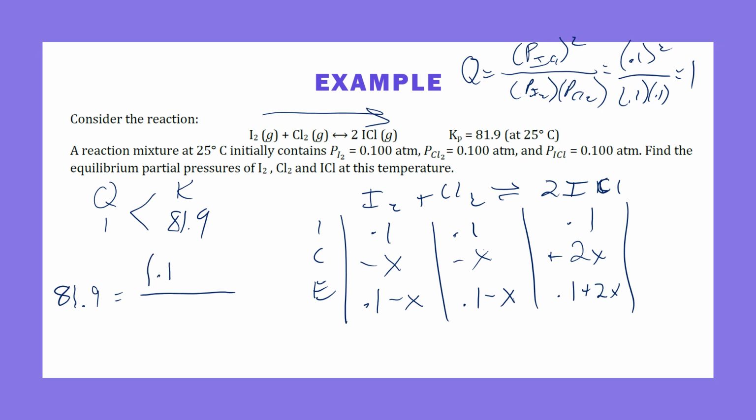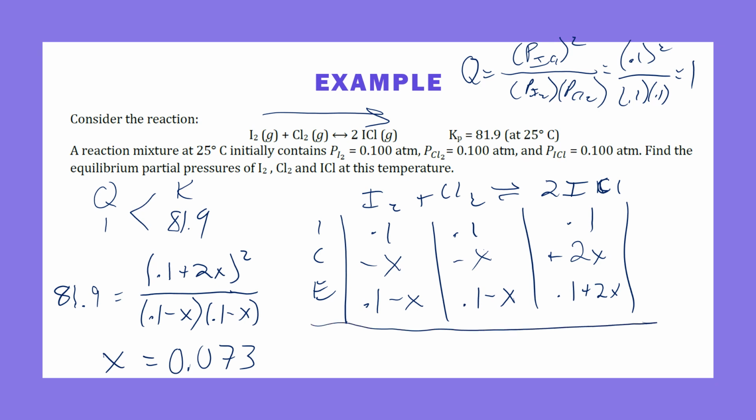We have 0.1 plus 2x squared, 0.1 minus x, 0.1 minus x, and then you can solve using your graphing calculator, and you get that x is equal to 0.073.